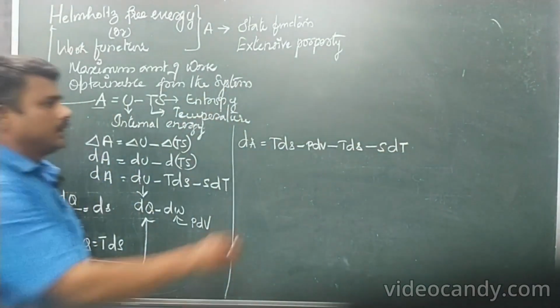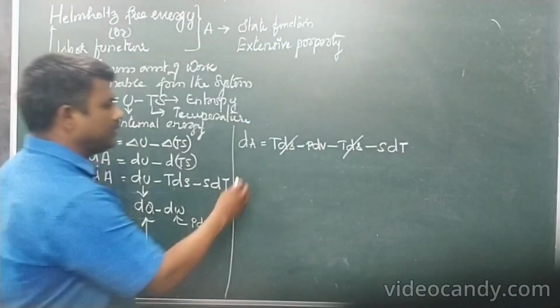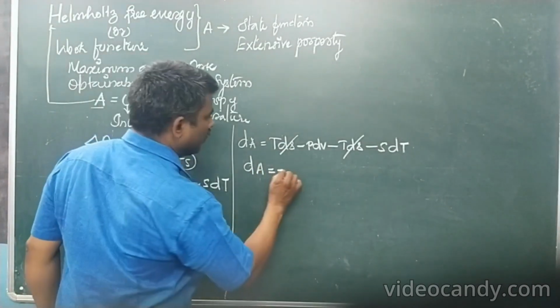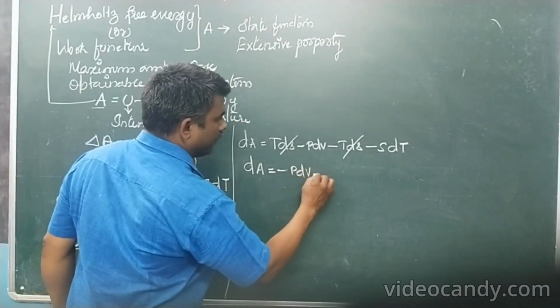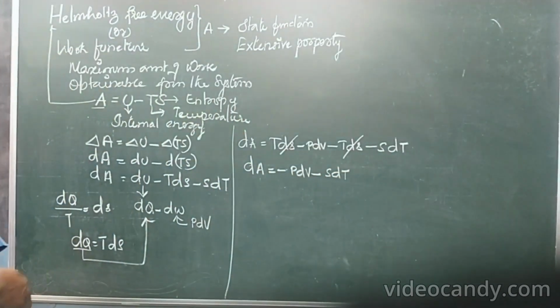Alright? T dS gets cancelled. The remaining thing is that the change in Helmholtz free energy is equal to minus P dV minus S dT.